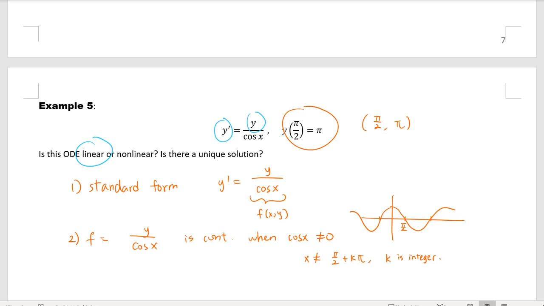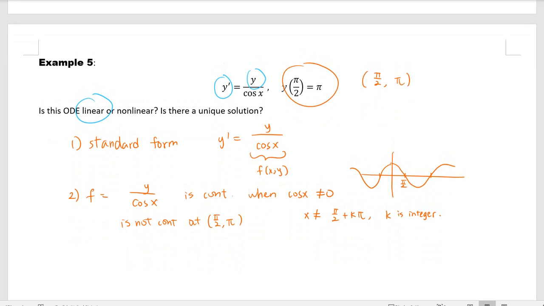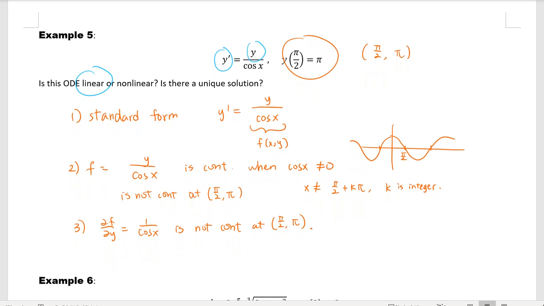So that's why this guy is not continuous at the point (pi over 2, pi). So okay, and furthermore, partial f partial y is the derivative with respect to y, which is 1 over cosine x, which is also not continuous at the point (pi over 2, pi). So that's why, because they're both not continuous, we say neither existence nor uniqueness is guaranteed.